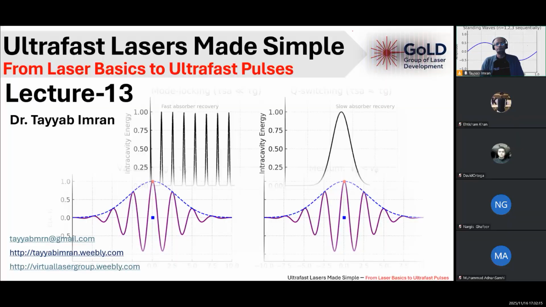Okay, so if you remember the last lecture, we studied the generation of femtosecond lasers, or you can say ultrafast lasers. The important thing in the generation is mode locking, and after the mode locking, you have to manage the dispersion because of the broad spectrum.